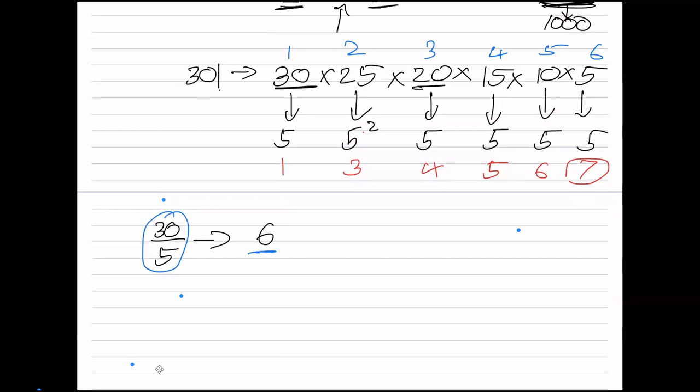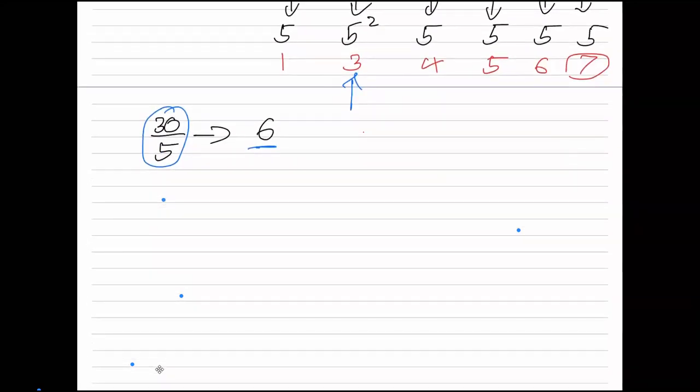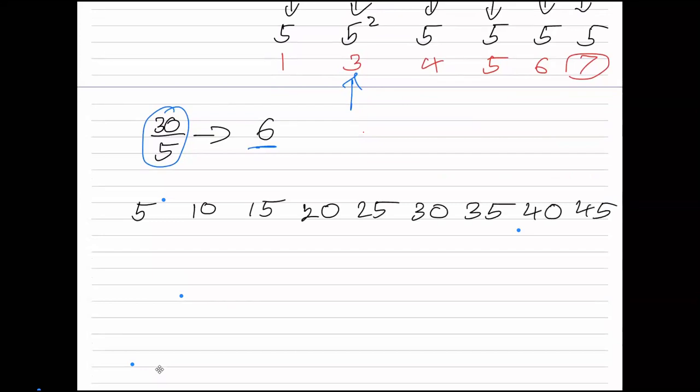Now, how many numbers are there that are divisible by both 5 and 5 square? I mean, the number which is divisible by 5 square itself is divisible by 5, right? And that number appears once in every 5 times for these powers. I'll just write down the multiples of 5 like this: 5, 10, 15, 20, 25, 30, 35, 40, 45, 50.